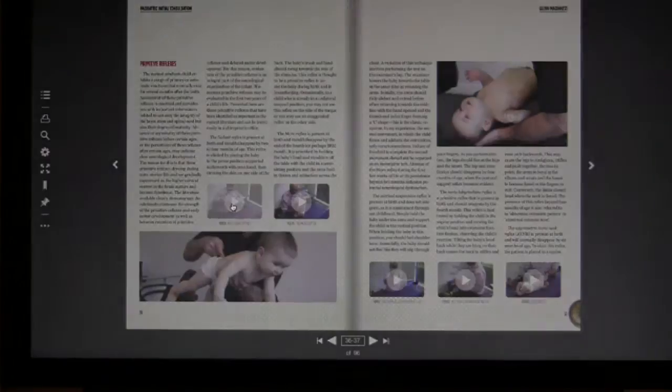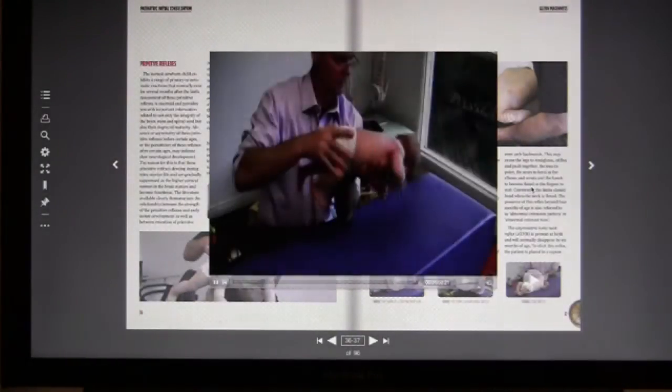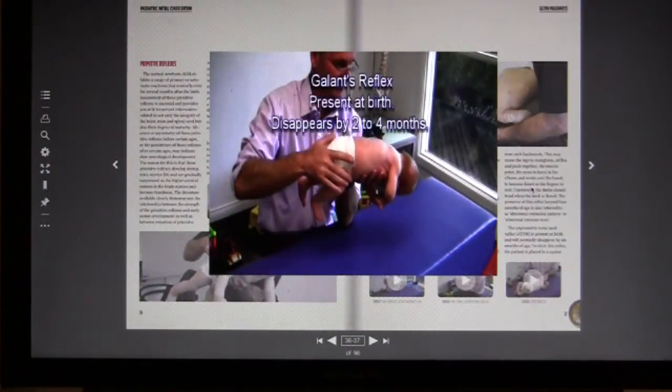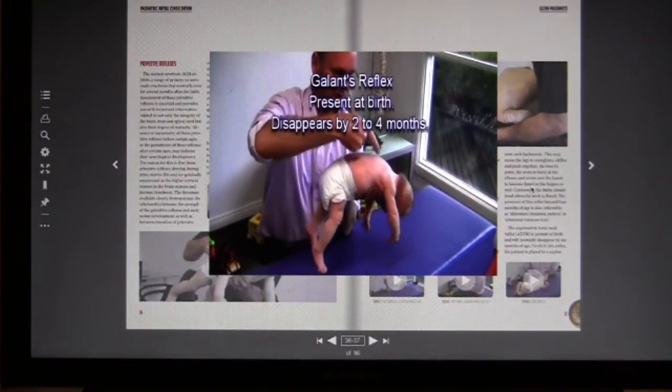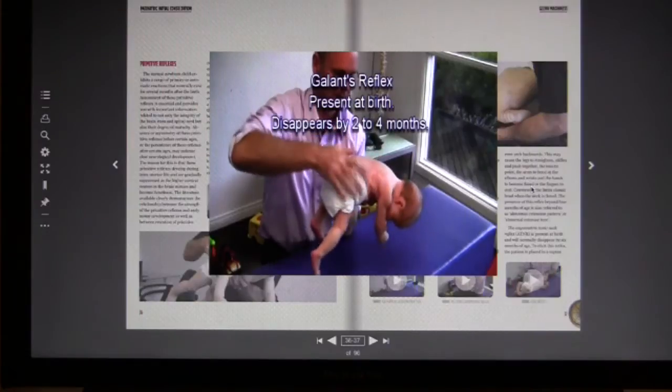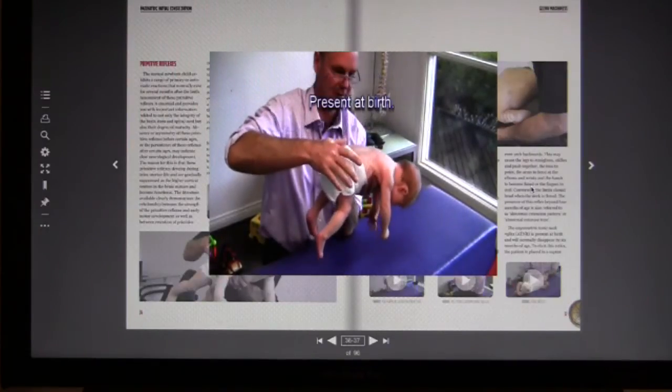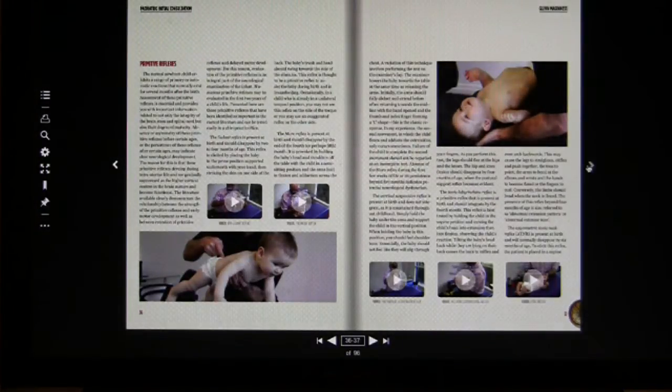testing for the presence of primitive reflexes such as this Galant reflex, perhaps testing an infant with a pull to sit test to determine whether the child is meeting age-specific milestones.